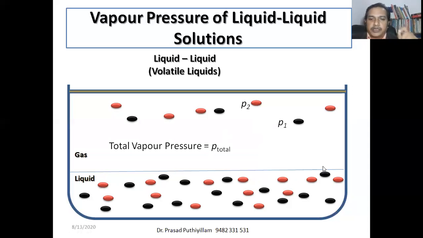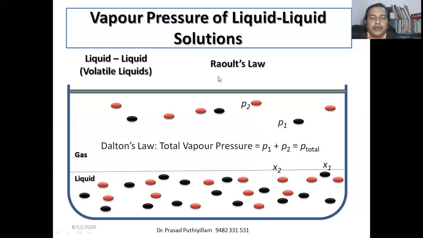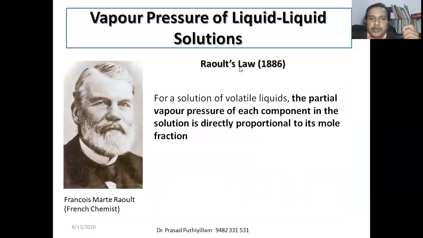If X1 and X2 represent the mole fractions of component 1 and component 2, we can go to the explanation given by Raoult's law. Raoult's law was published in 1886 by a French chemist, Francois Martin Raoult. He stated that for a solution of volatile liquids, the partial vapor pressure of each component in the solution is directly proportional to its mole fraction.